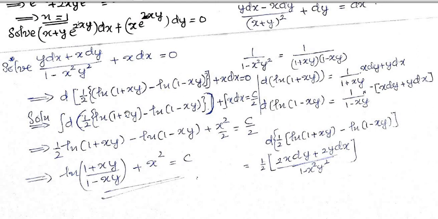The integral of the total derivative of a function is the function itself: half of ln of (1 plus xy) minus half of ln of (1 minus xy), plus x²/2 equal to c/2. Thus, applying log a minus log b, we write it as ln of (1 plus xy) by (1 minus xy). Multiplying throughout by 2, remembering the brackets, we get the answer: ln of (1 plus xy) by (1 minus xy) plus x² equal to c.